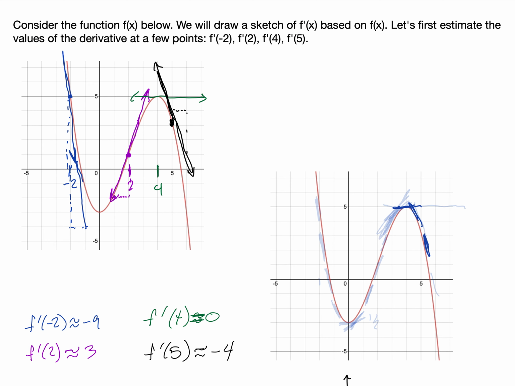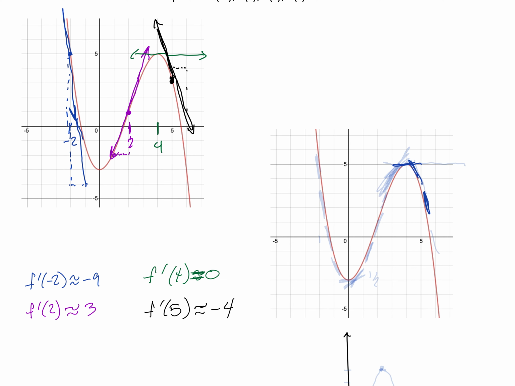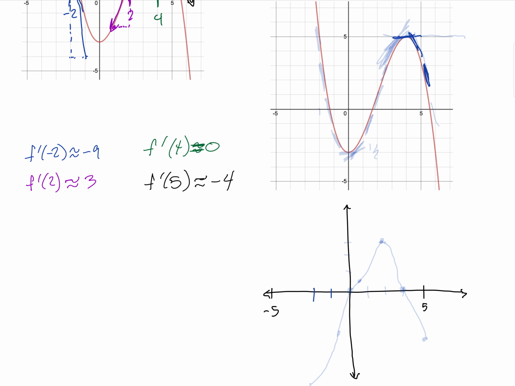So those are estimates of the derivative of the function at a few points. Let's use that to graph our derivative f prime of x. We could start by plugging in a few of the points that we found. We found that f prime of negative 2 was a large negative number, negative 9, so plug it in down there. We found that f prime of positive 2 was 3, so maybe we could plug something in about there, 1, 2, 3.